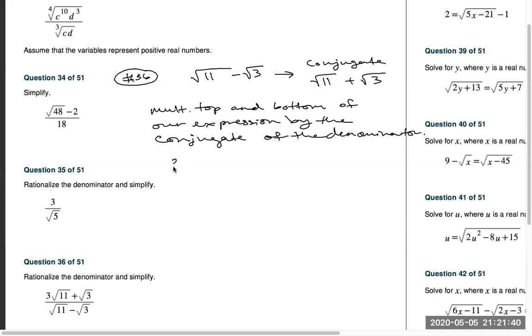So this is what we currently have. And this is what we're going to multiply by. Top, bottom. Now it's really going to help you, you have multiple terms, right?